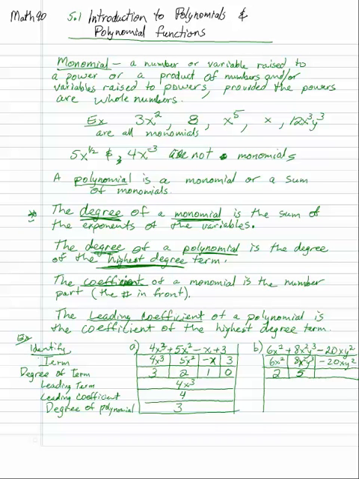For the last term, x to the first, y to the second, that's degree 3. So the leading term, whether it's in descending order or not, which is usually confusing with more than one variable, is the highest degree term, which is degree 5, so the leading term would be 8x squared y cubed. The leading coefficient would be 8. And the degree of the polynomial is the highest degree term, which is degree 5. So it's a 5th degree polynomial.